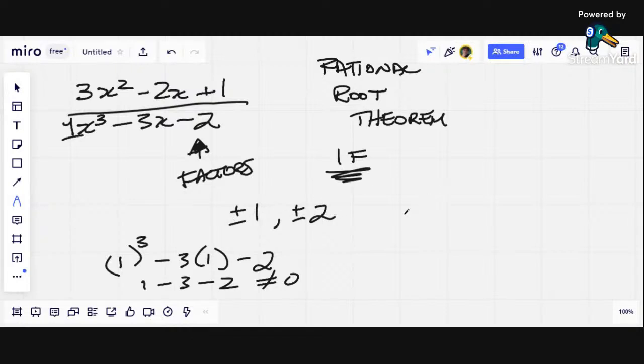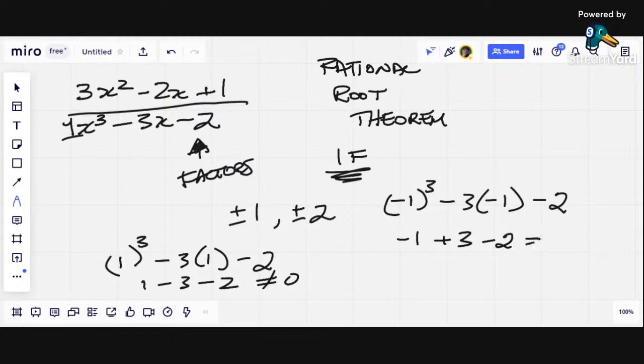Let's check the negative 1. So doing that, we get negative 1 cubed minus 3 times negative 1 minus 2, which is negative 1 plus 3 minus 2, and that equals 0.